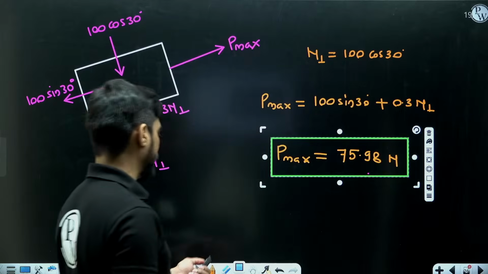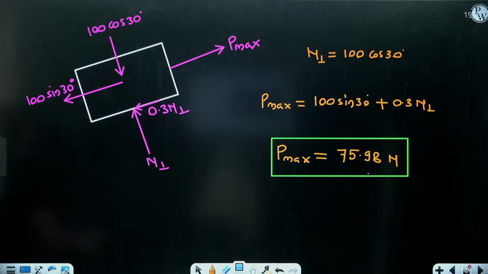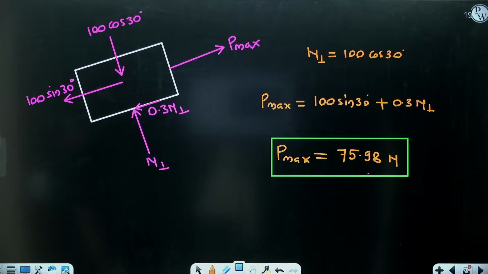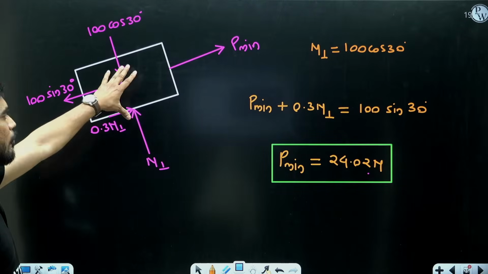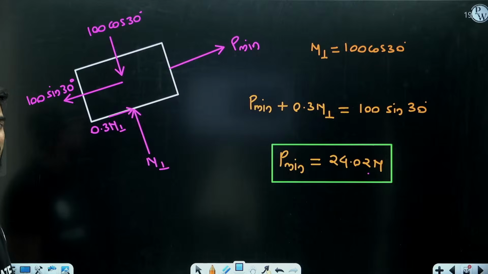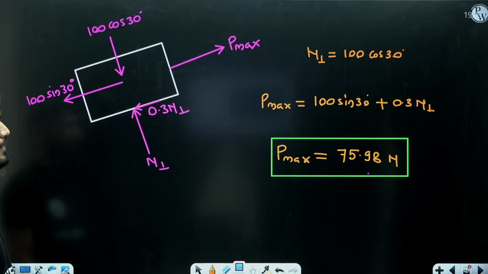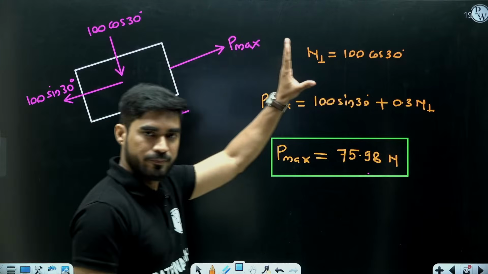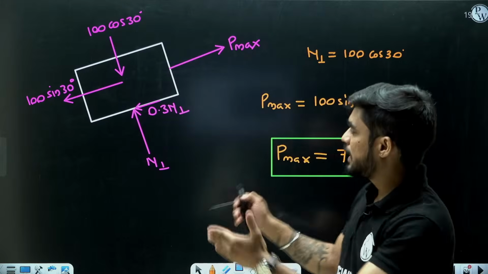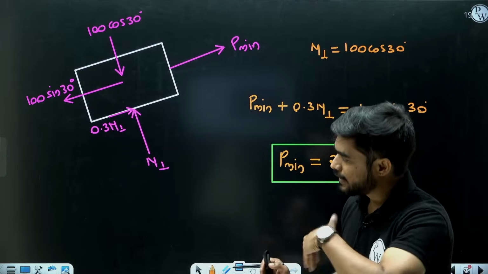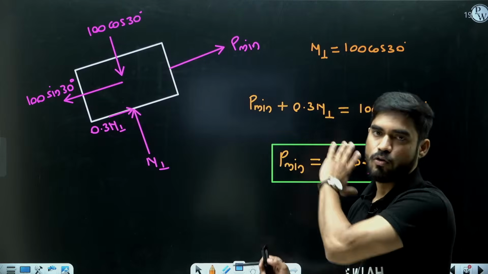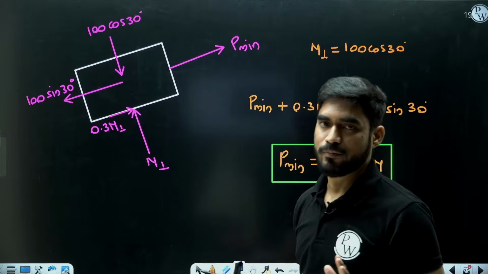This is almost 24 Newton, 76 Newton. So if you apply a force less than 24 Newton, it will fall down. And if you apply a force more than 76 Newton, it will go up. But between 24 to 76, it will neither go down nor go up. It will remain in equilibrium.